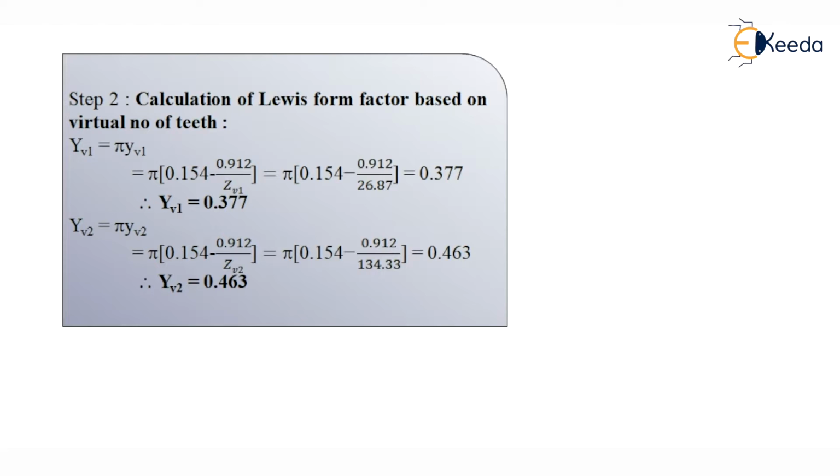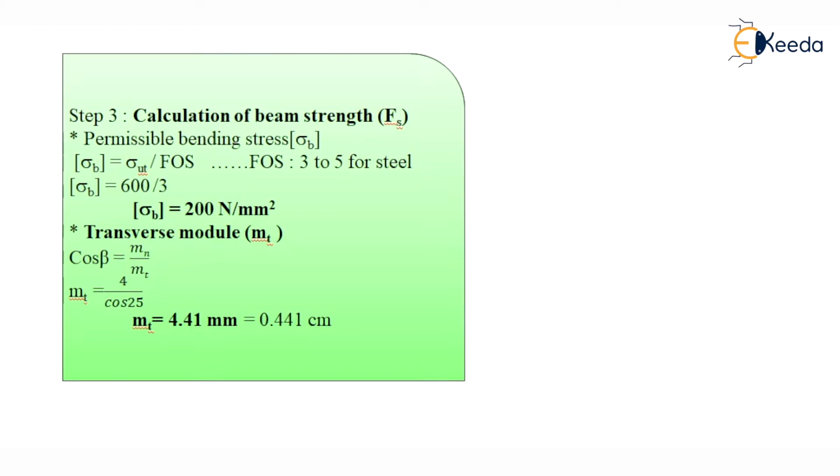After substituting the value of ZV1 as 26.87, we get the value of capital YV1 as 0.377. Similarly, if we substitute ZV2 as 134.33, I get the answer for capital YV2 as 0.463.